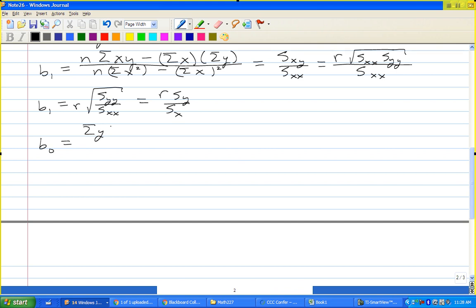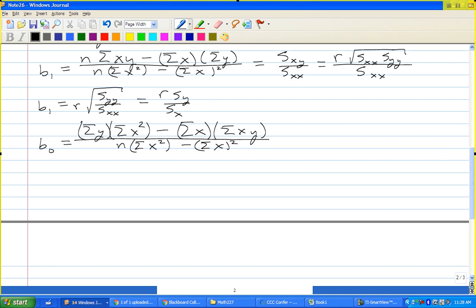Sum y sum x squared minus sum x sum xy divided by n sum x squared minus sum x squared.